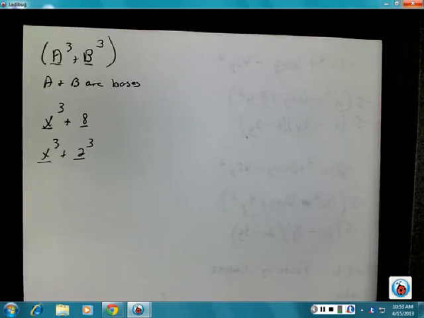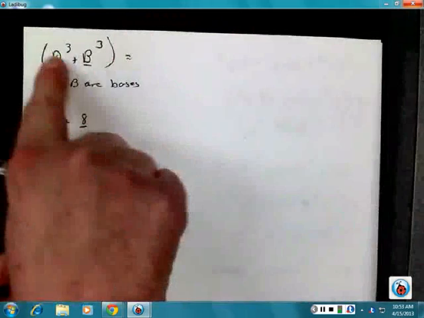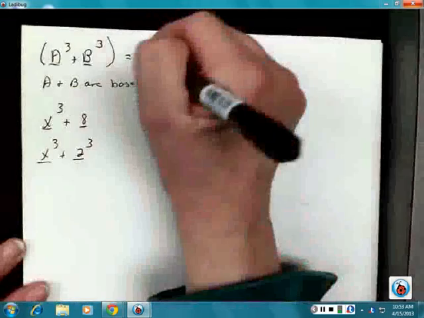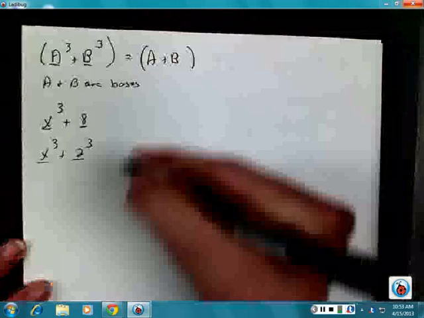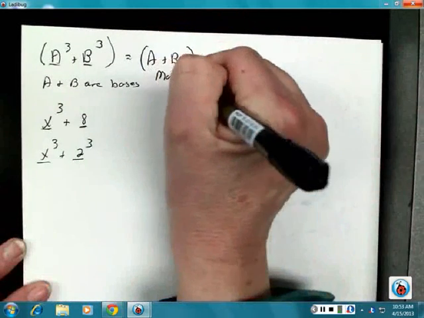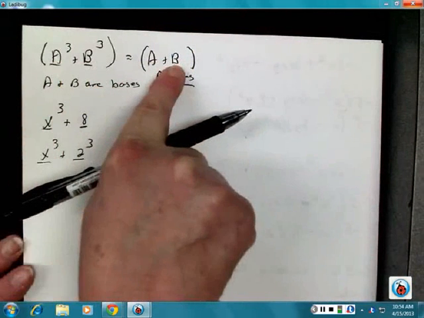Okay? Because the formula to do this, and that's what we're going to get from up here, is the formula. The first piece of my formula is a plus b. So it matches. Notice it's a plus b over here, and it's a plus b here.